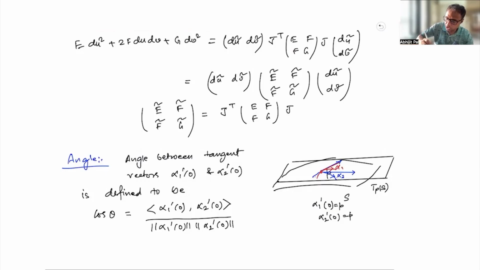Here I am assuming that both these tangent vectors are not equal to the zero vector.